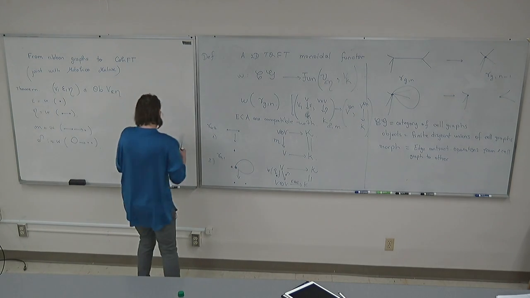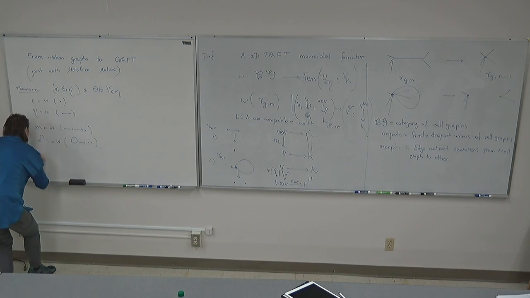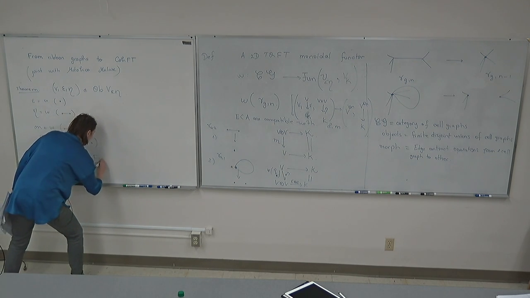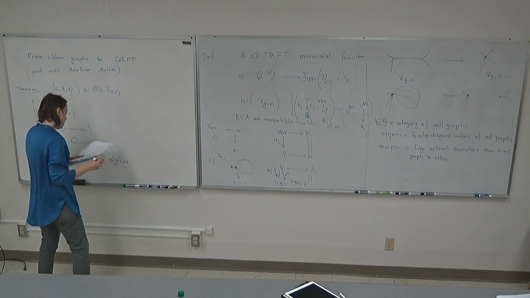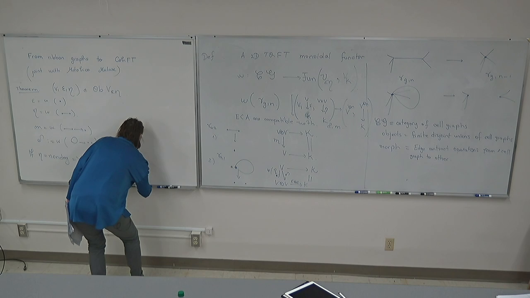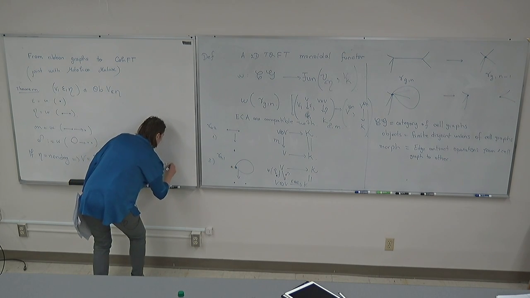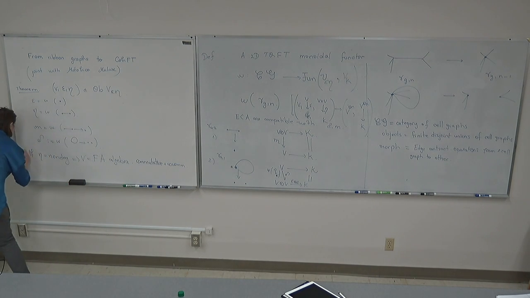So if eta is non-degenerate, then V becomes a Frobenius algebra that is commutative and co-commutative. So this is the first part of the theorem.